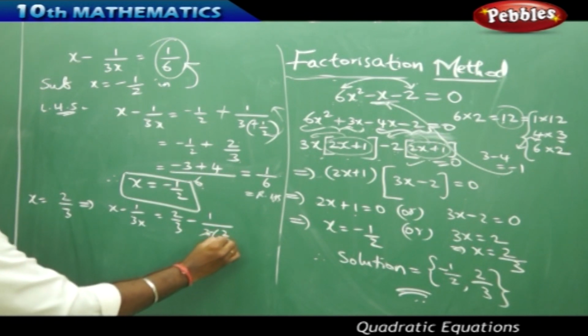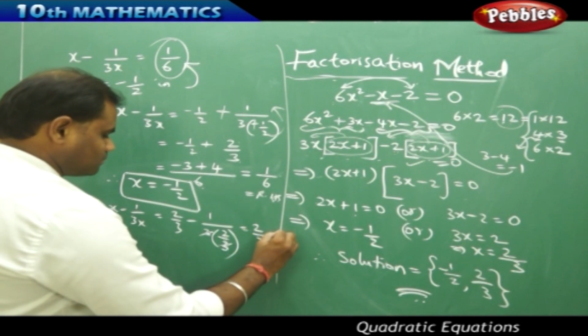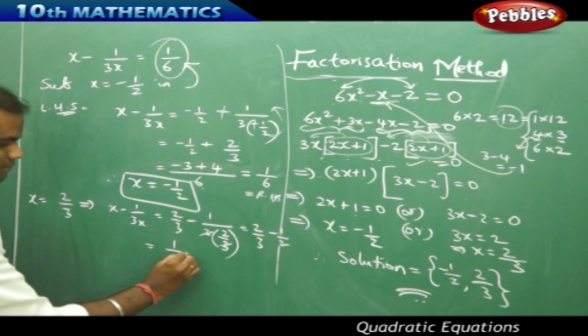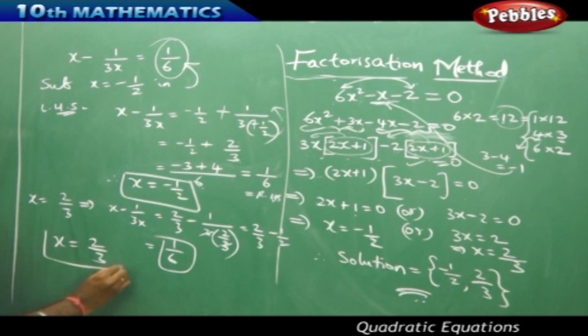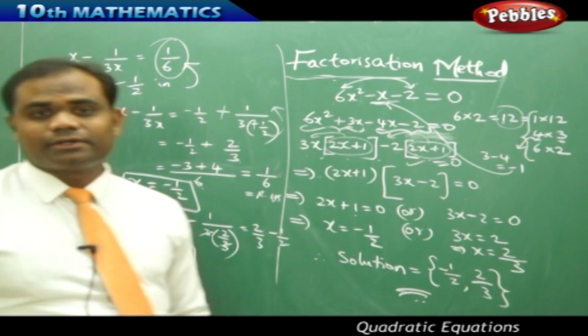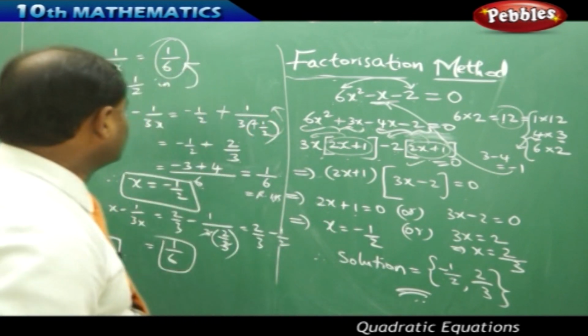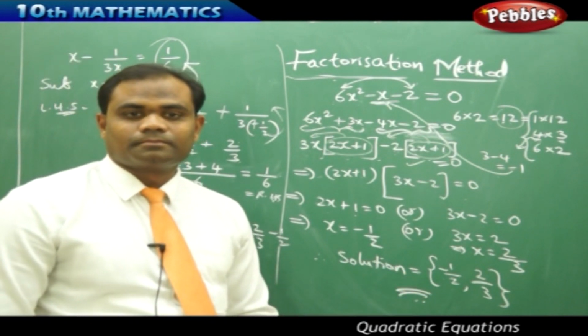This gets cancelled, and then finally I get 2 over 3 minus 1 over 2, which on simplification clearly gives 1 by 6. Therefore, the other solution which I obtained as 2 by 3 is also very much true. This is how the verification is done for the given quadratic problem.